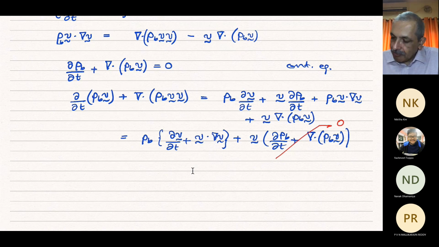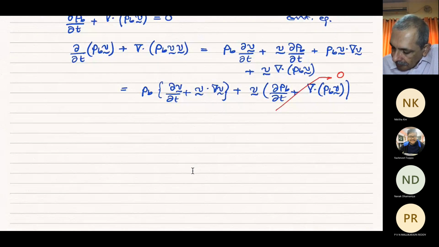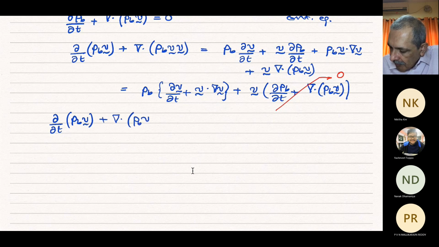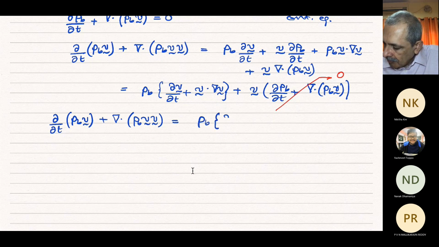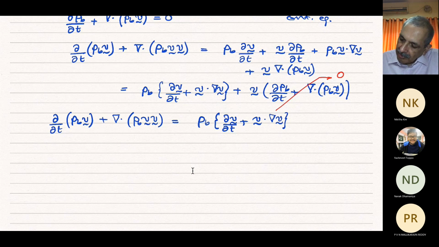So now what it proves is that del by del t of rho b V plus divergence of rho b V V is just equal to rho b into del V by del t plus V dot gradient of V. So this is what we get.